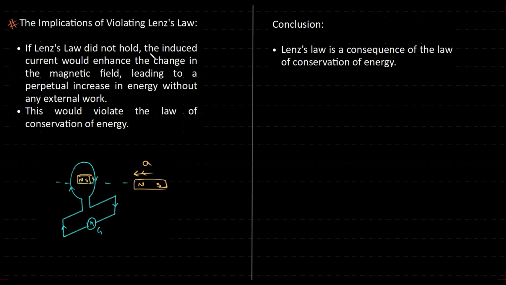If Lenz's law did not hold, the induced current would enhance the change in magnetic field, leading to a never-ending, perpetual increase in energy without external work. This would violate the law of conservation of energy. This is important when you're writing this explanation with the law of conservation of energy. This paragraph is important. Everything else is example and all of that.